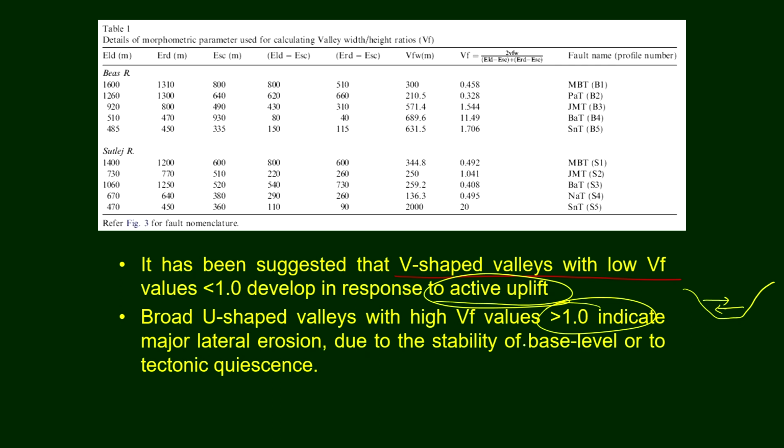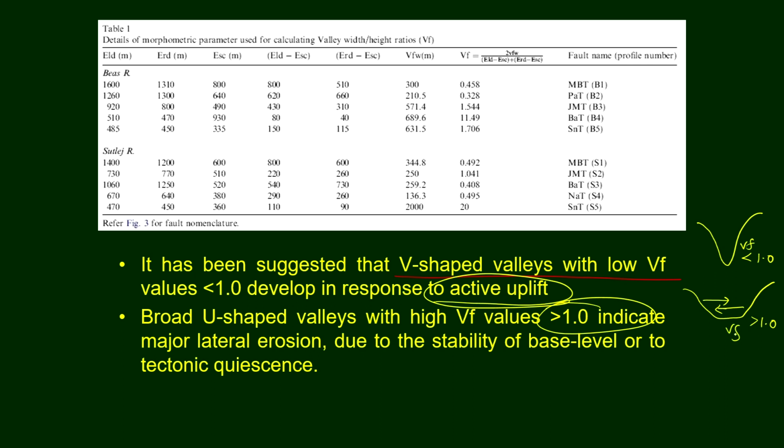So, it will result in erosion, and if it is subjected to tectonic uplift, it will have V-shaped valleys. So, this will have Vf values less than 1 and this will have greater than 1.